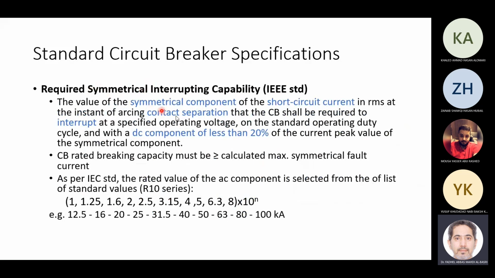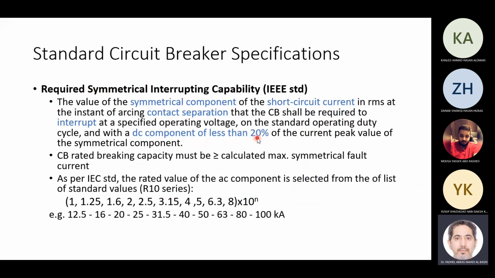So it's the value of the symmetrical component of the short circuit current in RMS value at the instant of arcing, I mean instant of contact separation, that the circuit breaker shall be required to interrupt at the specified operating voltage on the standard operating duty cycle with DC component less than 20%.